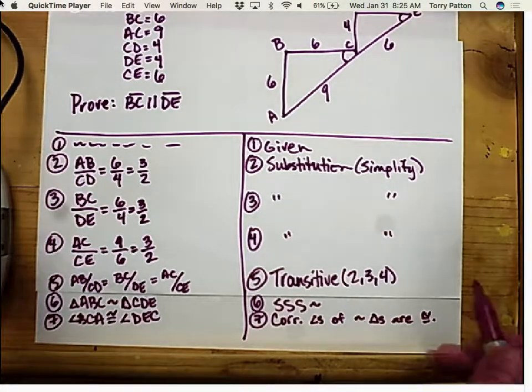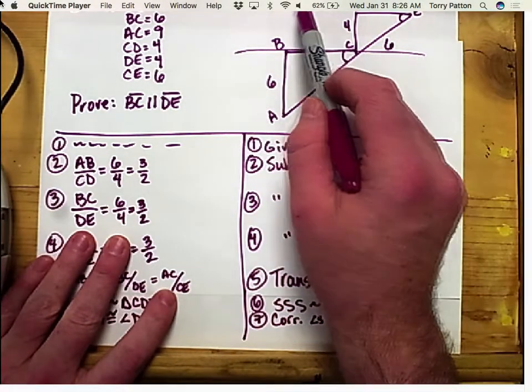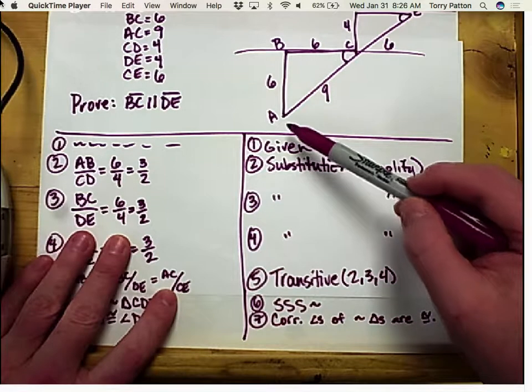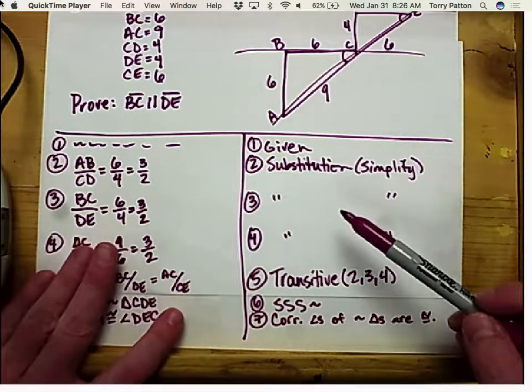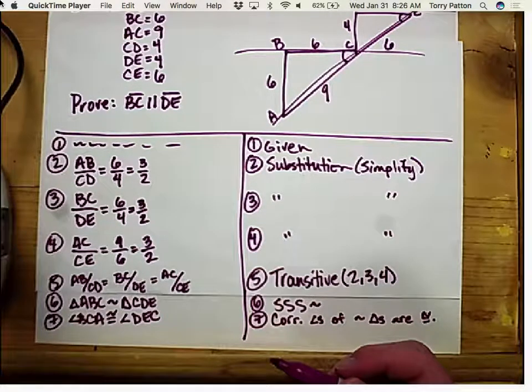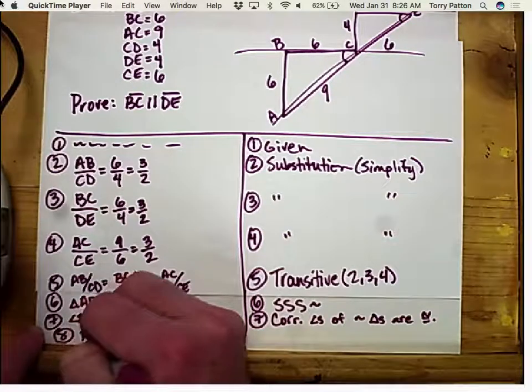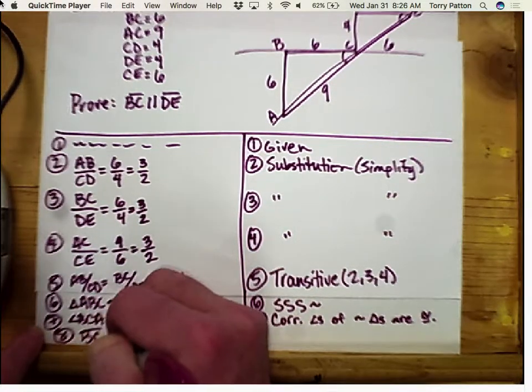Okay, well now look, we have 2 lines cut by a transversal and corresponding angles are congruent. So we've got what we're trying to prove now. We can say BC is parallel to DE.